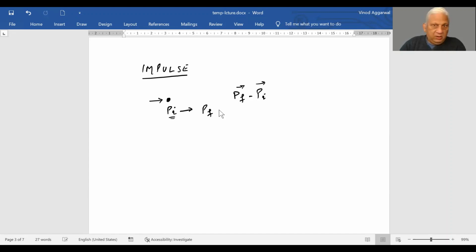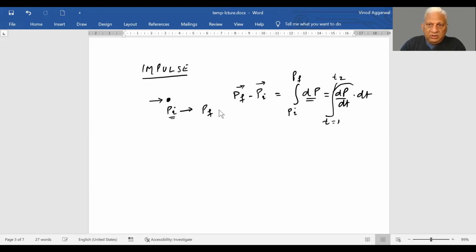Okay, and this we can take as some small change in momentum, going from initial to P final. All right. This also we can say as t going from some time t1 to t2.